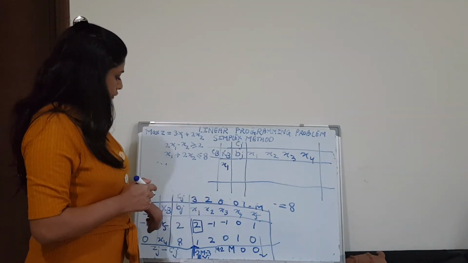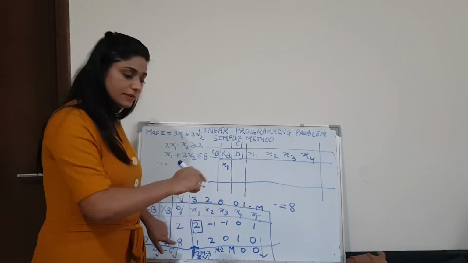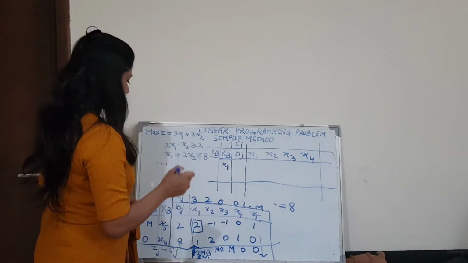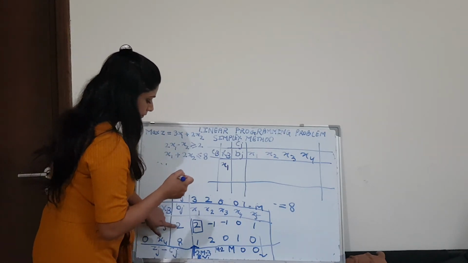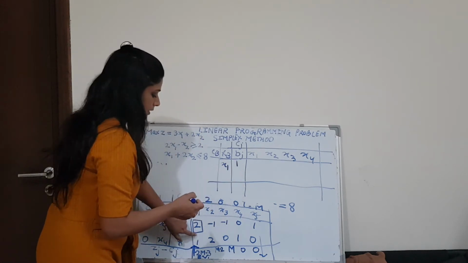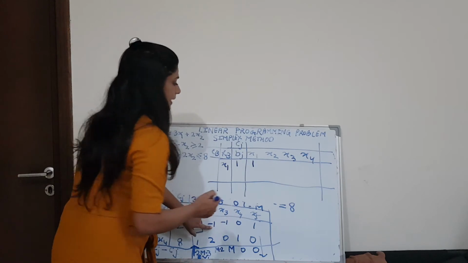Now how will we make 1 here? We can see 2 there. So if we divide this whole row by 2, we will get 1 there. Let's start. We will start the calculation from Bj. So 2 by 2 is 1. Here we need to make 1. So 2 by 2 is 1. Minus 1 by 2.